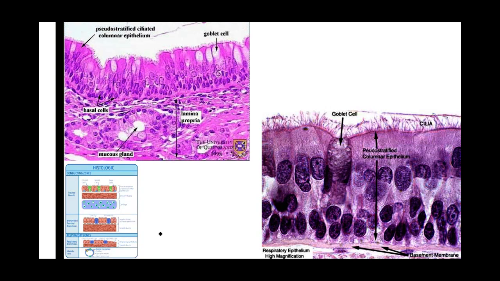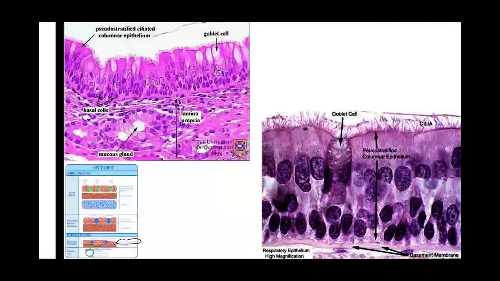This is just a review from the previous lecture because I was a little confused by the term respiratory epithelium down here in this picture, and all the Googling did was confuse me more. But I think the term respiratory epithelium is usually meant to refer to pseudostratified ciliated columnar epithelium with goblet cells.